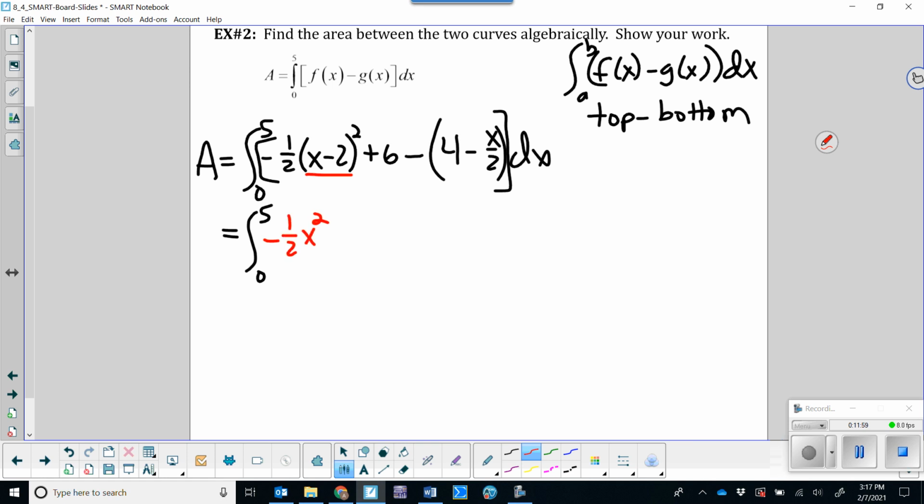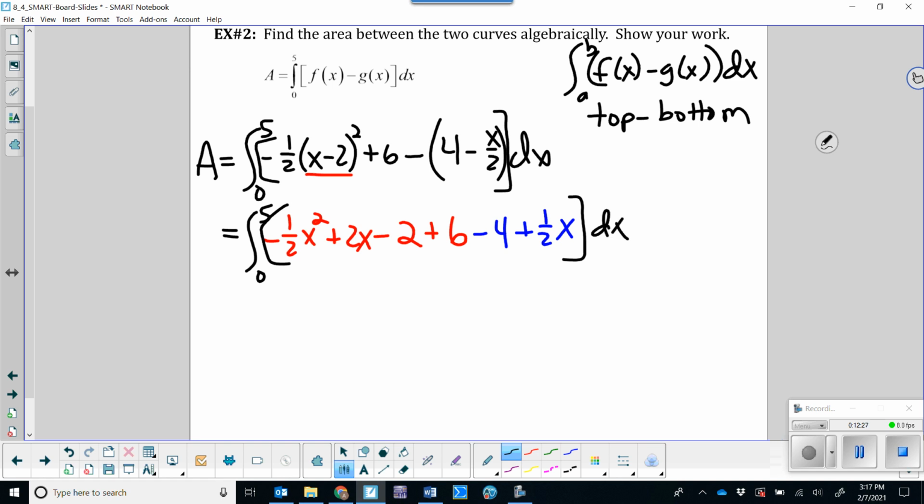And then the middle term is minus 4x times a negative 1/2. So that's plus 2x. Negative 2 times negative 2 is 4 times negative 1/2, minus 2. Then I still have the plus 6. And then I'm going to have minus 4 plus 1/2 x. Okay, that's what's left on that part over there.